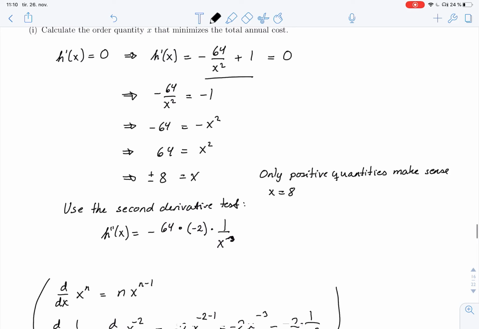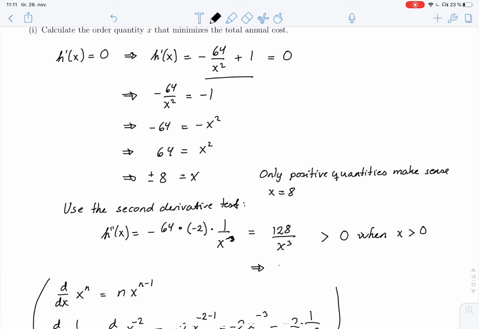Where were we? Yeah, we tried to derive this one. This one would be 0, and then we have this other term here. So 2 times 64 would be 128 over x to the third. And that is positive when x is larger than 0.